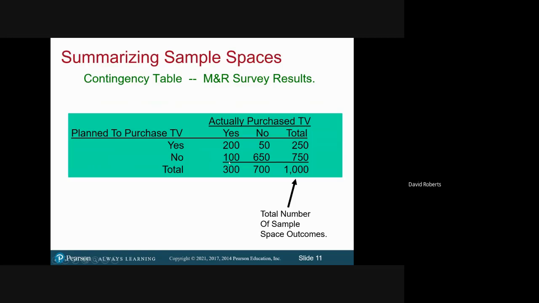So in this particular case, you also had some people who said, no, I don't plan, 750 people said, I don't plan to buy a TV, but out of that group, 100 did. Now, maybe there was a really good sale on, or they got some extra money, or maybe their old TV just gave up the ghost, just stopped working.